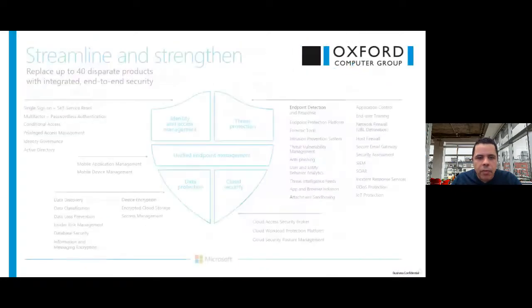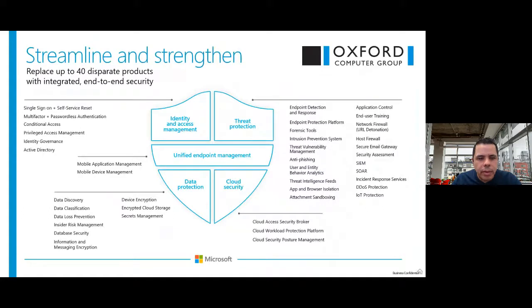Taken a slightly different way, we see again these 5 key areas, starting with identity and access management. For instance, Azure Active Directory provides a single pane of glass for single sign-on for all of your cloud applications, homegrown applications, and on-premise applications, to provide that strong, single identity that is one of the tenets of Zero Trust.